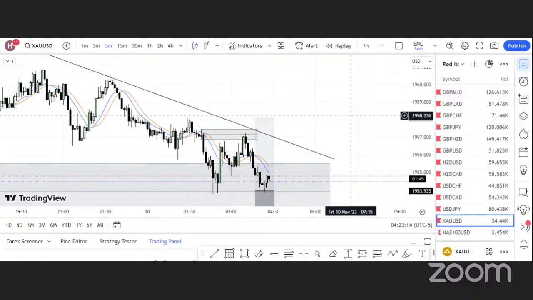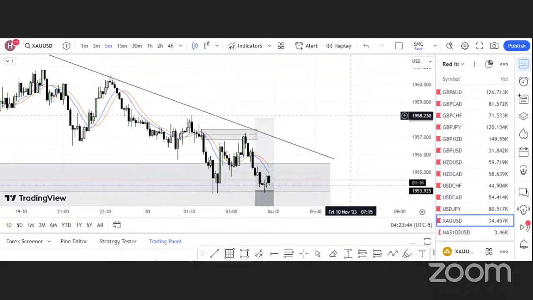Because when you take your eyes off it, you might forget, and the market will just run into loss because you didn't close the trade on time, or maybe the trade went into profit, you didn't close it on time, and then it came back into a loss. So that is why it's very important: when you take a trade, don't go away from it. Stay on it. Once you make your profit, you close your profit, and then you look for another trade.